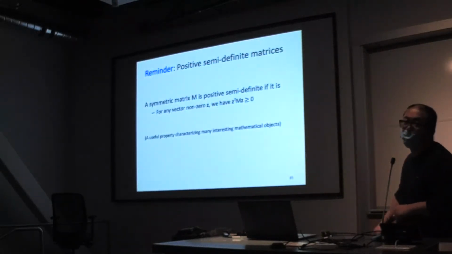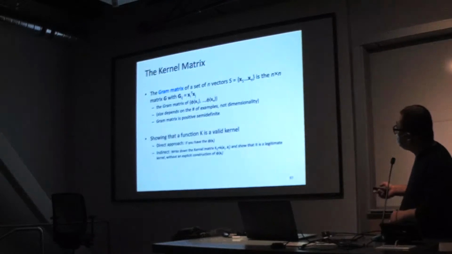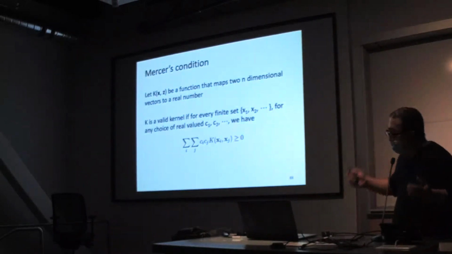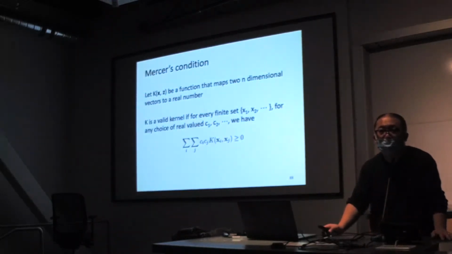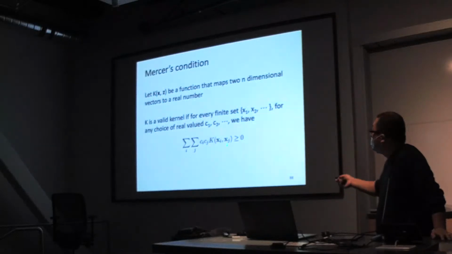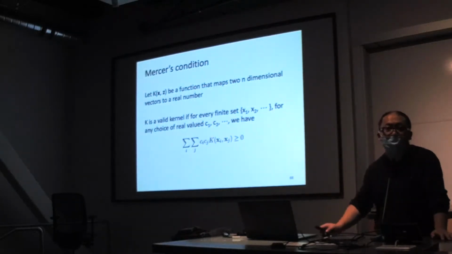If this quadratic form is non-negative for an arbitrary finite set of inputs and an arbitrary choice of coefficients, then the kernel matrix is a Gram matrix, and your function is a valid kernel.